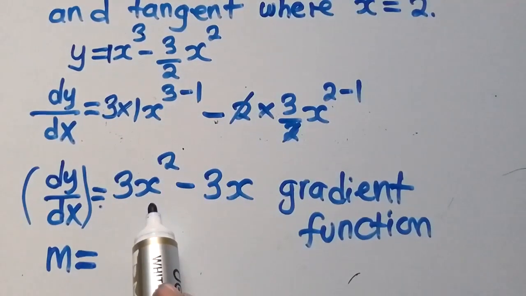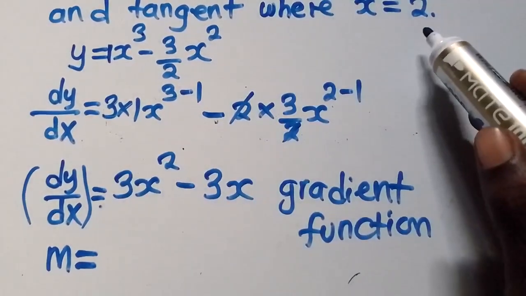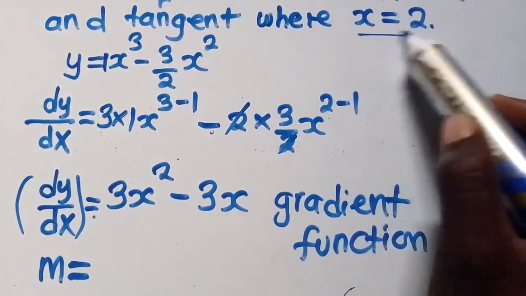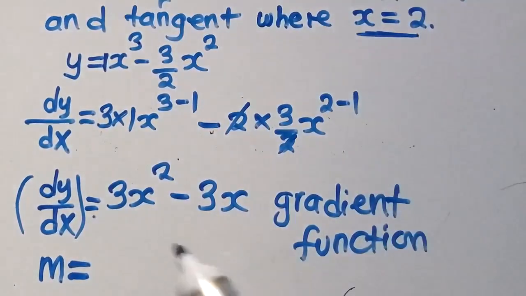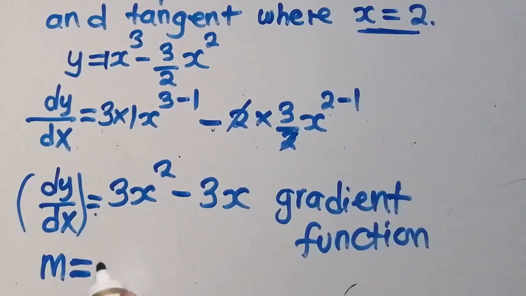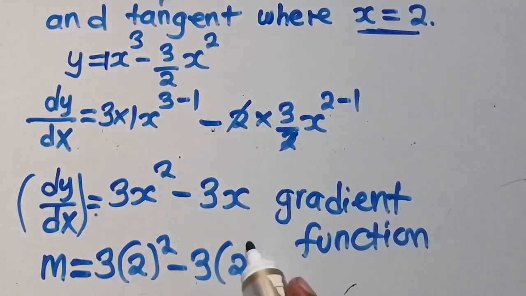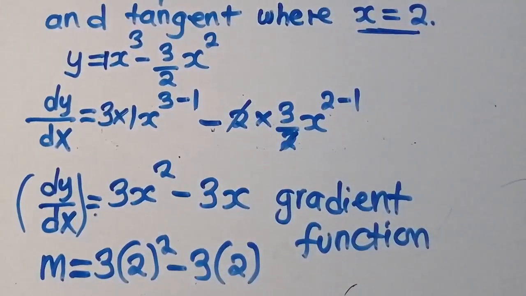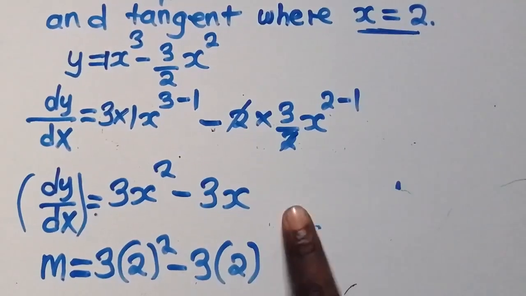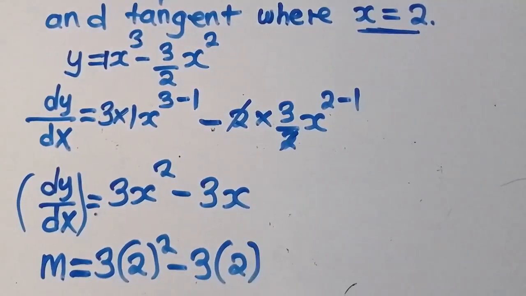So we are given where x is equal to 2. Where there is x, I put 2. So I say 3, 2 squared, minus 3, then I put a 2. I've told you that this is the gradient function.